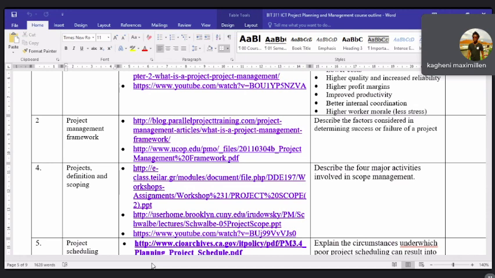You'll be able to tell. Then project definition and scoping. This is scope management. We shall cover that and be able to describe the four major activities involved in scope management.